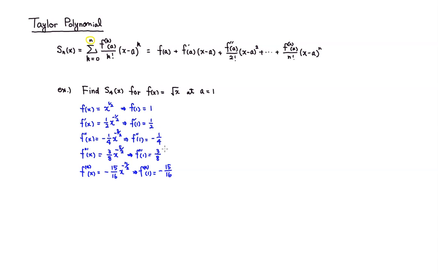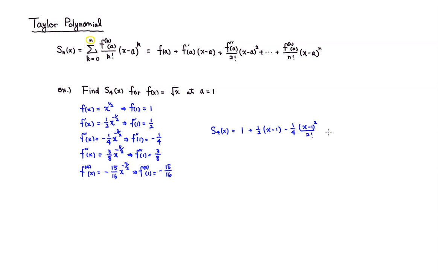All right, so let's construct the fourth degree Taylor polynomial. S4 of x is equal to, first term is 1. Second term is 1/2 times x minus the center, 1. Next one is negative 1/4 times x minus 1 squared, divided by 2 factorial.